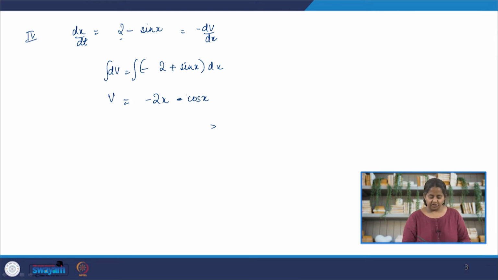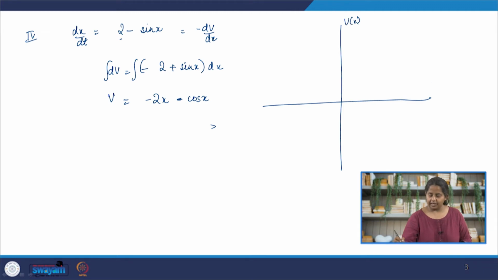Okay, so now what we need to do is plot V versus x. So on the y-axis we have V(x), and on the x-axis we have x, and we are going to draw this diagram.